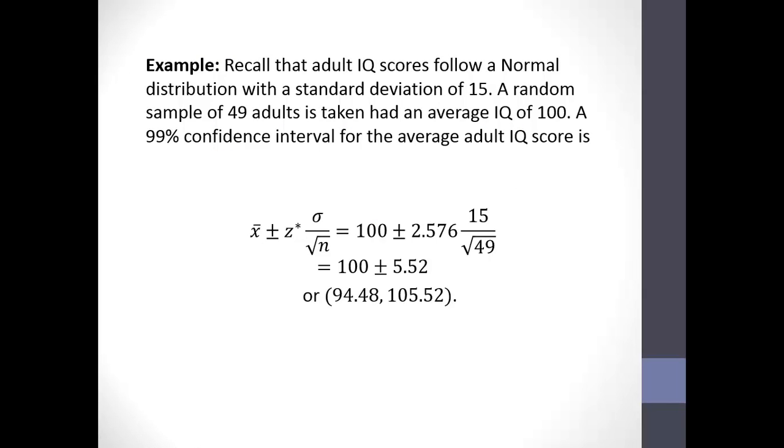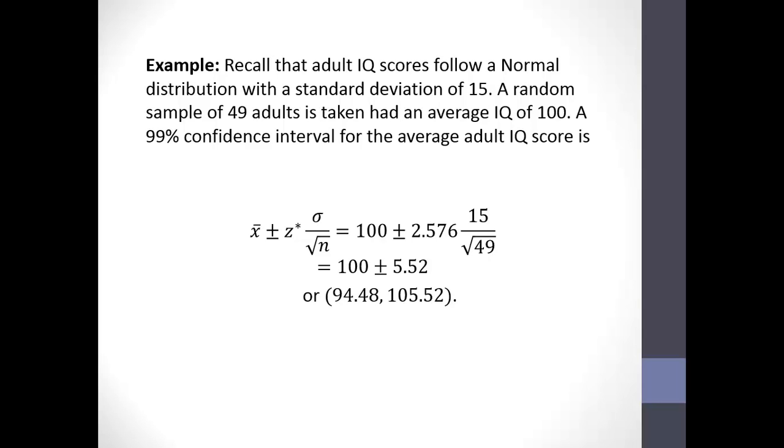Going back to the IQ score example again, we didn't actually look at this in chapter 14, but here I'm giving you the details. Average adult IQ scores follow a normal distribution with standard deviation 15.